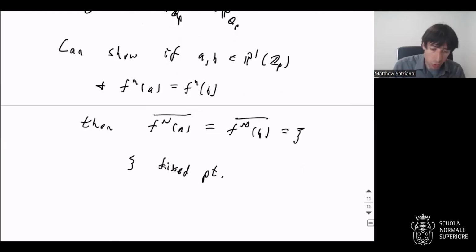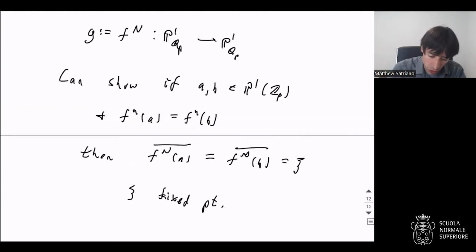So dynamical cancellation would mean we want F to the capital N of A to equal F to the capital N of B. Well, we don't know that, but we know that their bars are equal. So when you view them as F_p points, they're the same. But the point is that this map F to the N, which we call G, preserves a p-adic neighborhood.